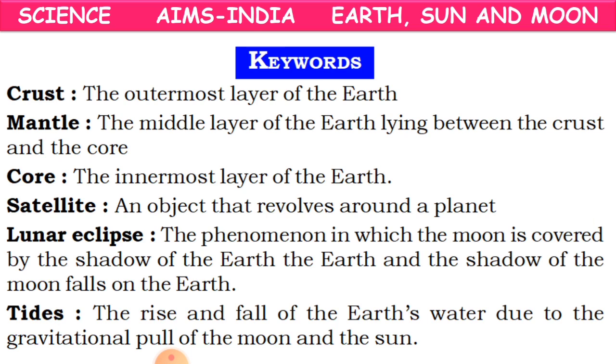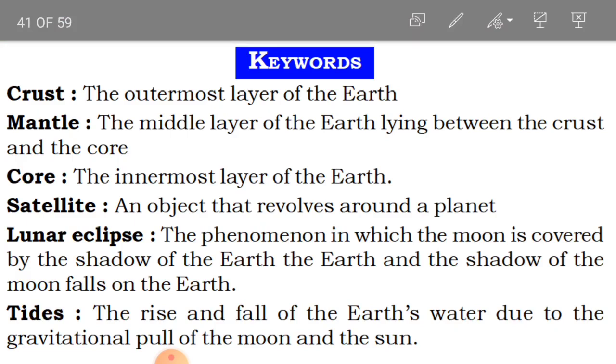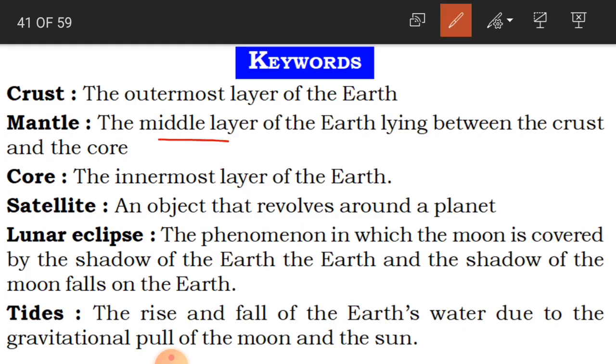And now let us learn some keywords again here. So crust, what is it? The outermost layer of the earth. Mantle, the middle layer of the earth lying between the crust and the core. Again core, the innermost layer of the earth. Now, we have got three layers of earth, that is crust, mantle and core.